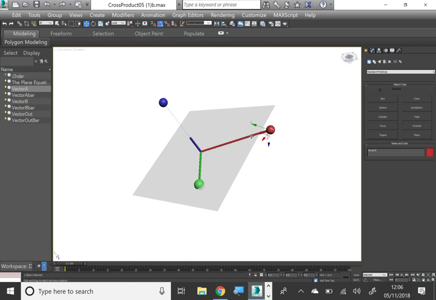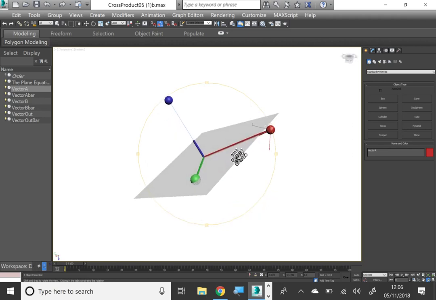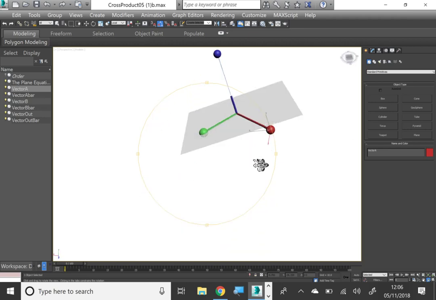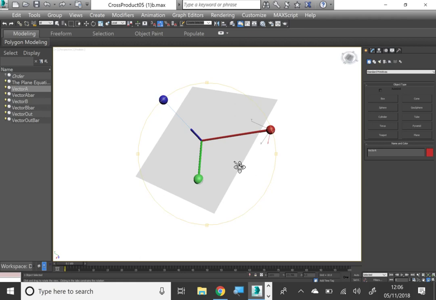And the blue vector points in the direction of the plane. So it is normal to the plane. And by normal we mean it is at 90 degrees to the plane.